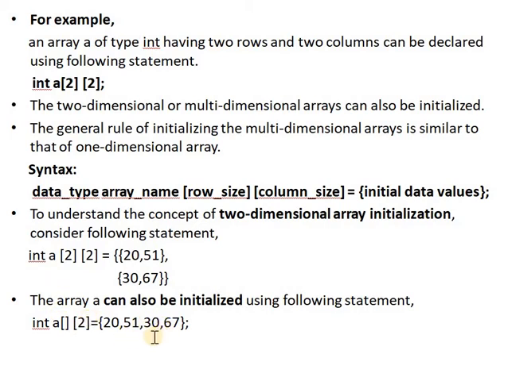Next, 30 is for the array element 1, 0. And 67 is for the array element 1, 1. You know the matrix representation. Use that matrix representation for accessing the elements of a multi-dimensional array.